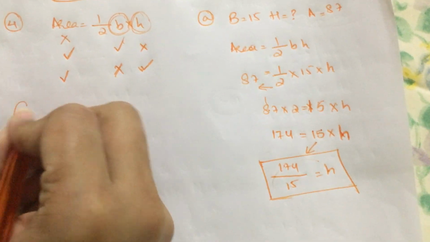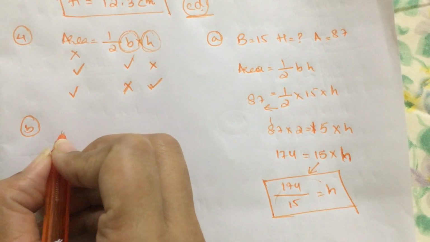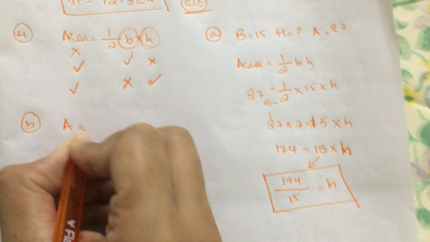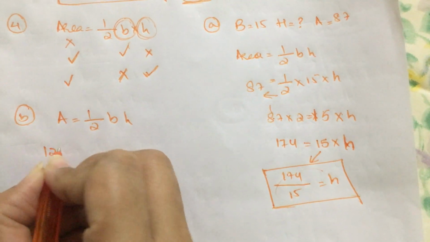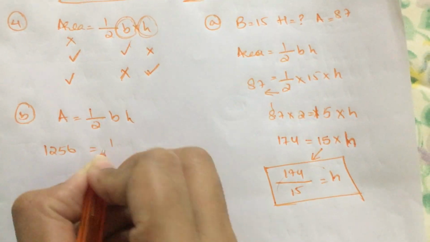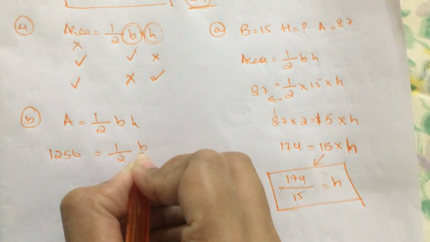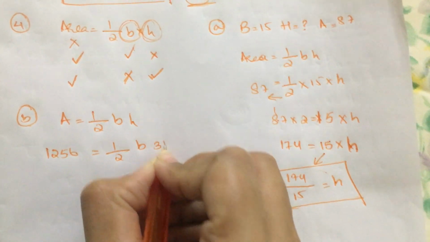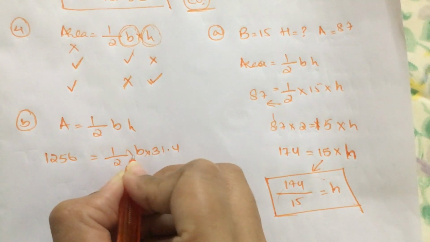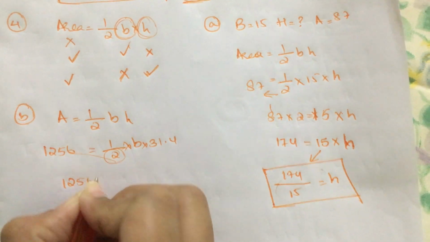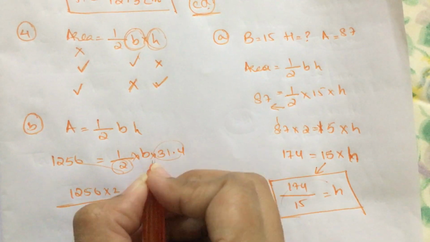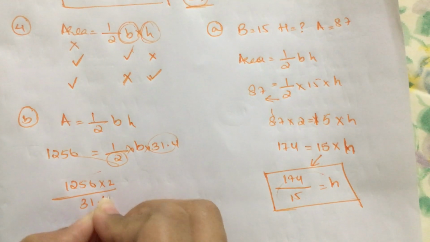Going with the B part of this, area is equal to half base into height. Area is given, yes, 1256 is the area given. Base is not given. Height is given, yes, 31.4. So what we are going to do is send this upwards: 1256 into 2, and this should come down, 31.4.